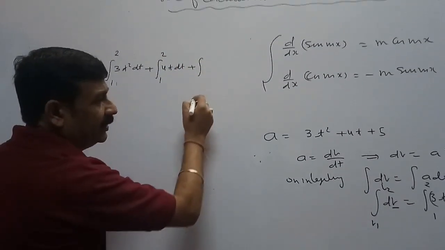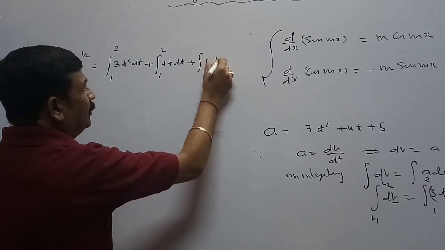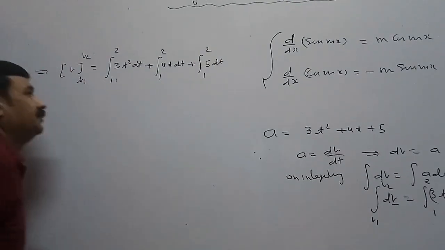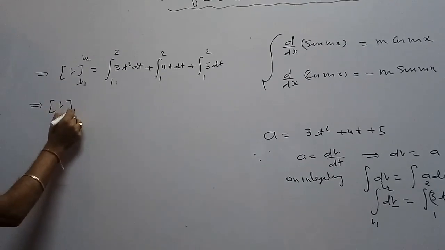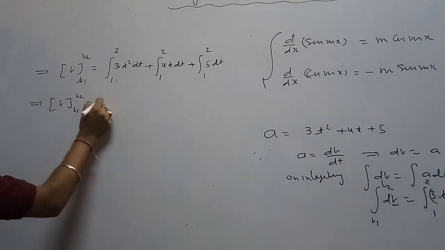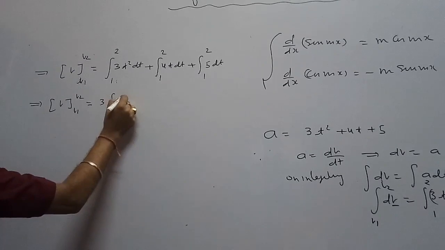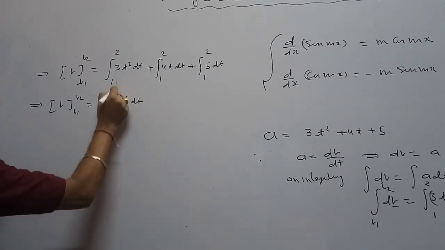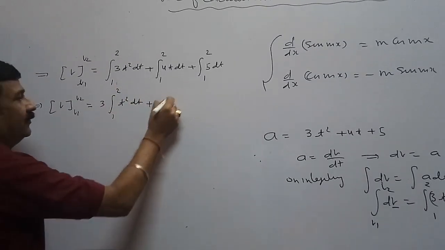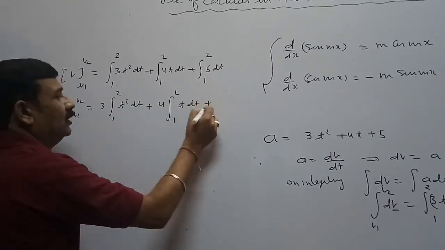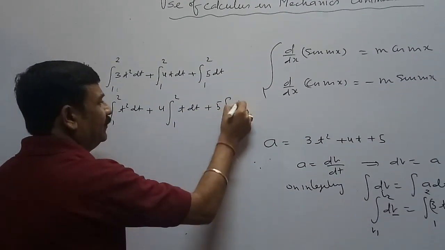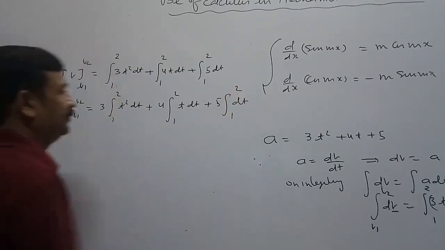Third term will be integration of 5 dt between limits 1 to 2. This will remain as it is. Take 3 outside, integration of t square dt between limits 1 to 2. Take 4 outside, integration of t dt between limits 1 to 2. Take 5 outside, integration of dt between limits 1 to 2.